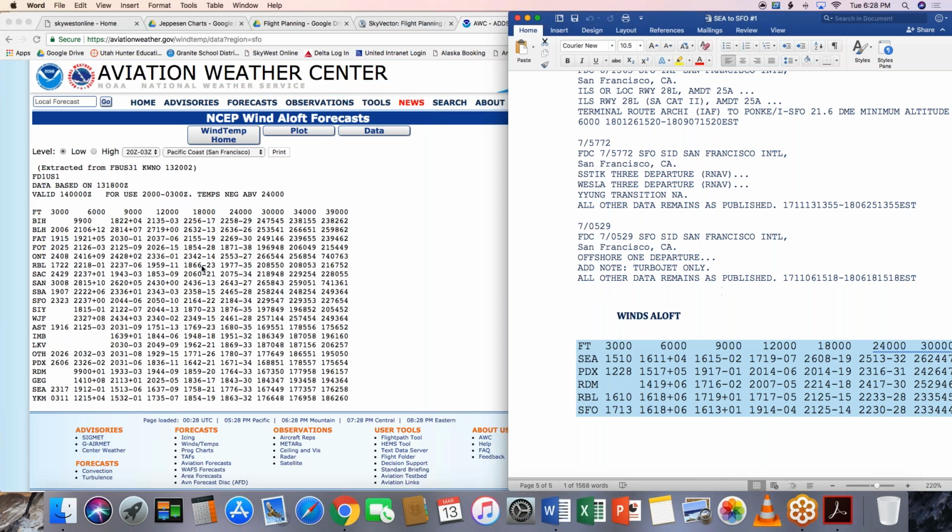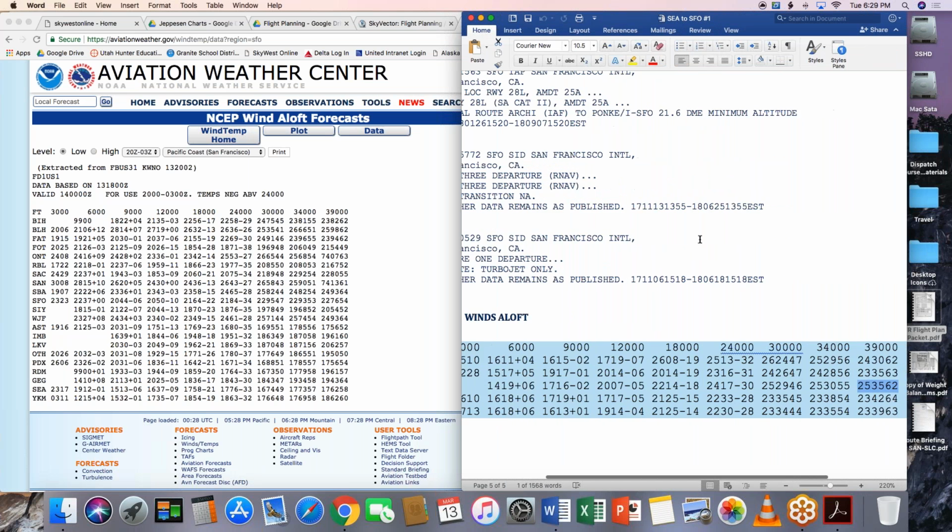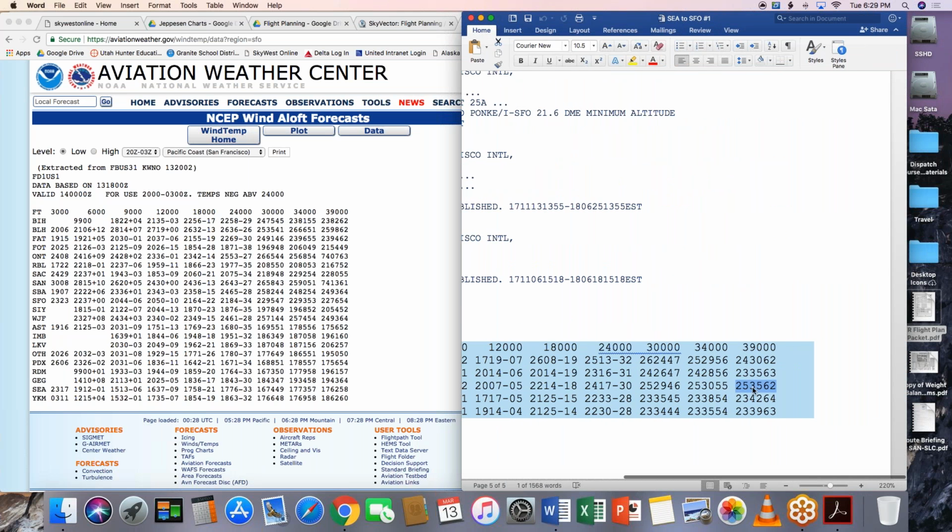And I think 2 or 3 points is good enough on a flight this short to get a good average. So if we come over here, we've got our 2 winds and temperatures aloft, and we're just going to find the average of those. Okay, so how do you find averages?